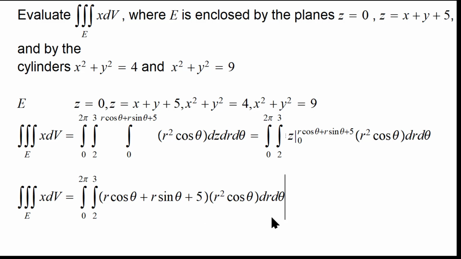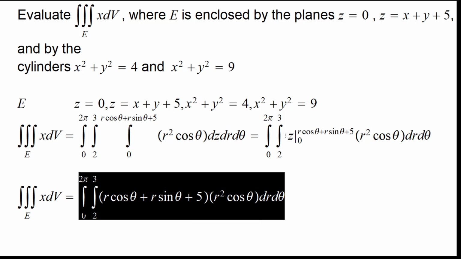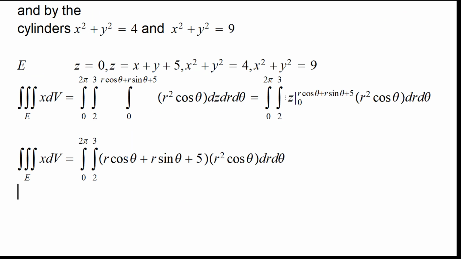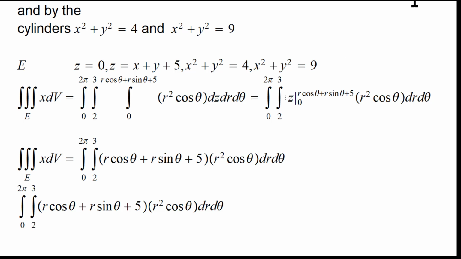And now we can just go ahead and compute this as a routine double integral. And if you want, I can show you these steps later. And the answer is going to be 65 pi over 4.